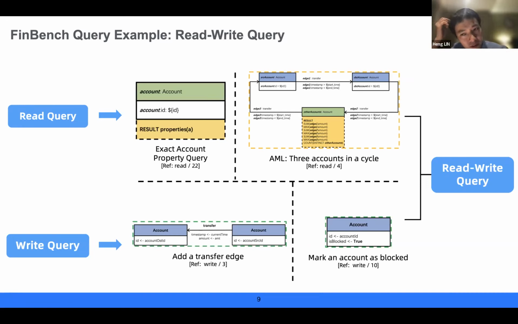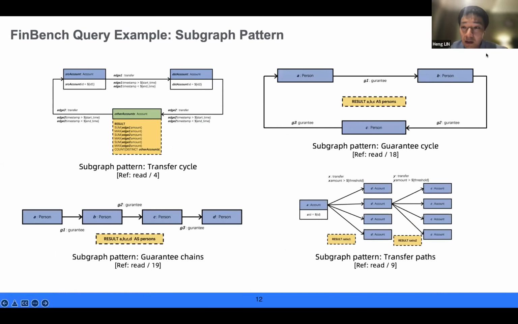I cannot quite get your question, but if there's a circle, it can be a circle amongst accounts, also a circle amongst other entities, so it may have different circles or chains. It will be different patterns, depending on the query.